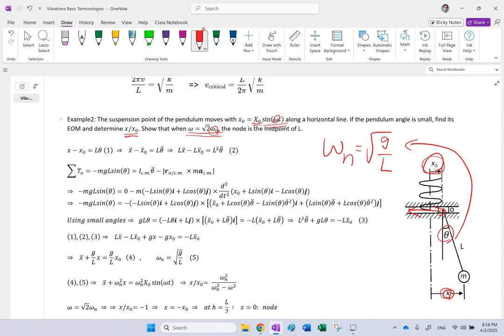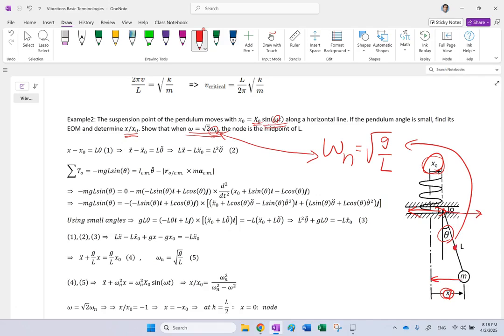So when the frequency of the excitation of the base is square root 2 times this, you can find a point midway in the pendulum that does not move, because this point moves by so much forward, this point moves by so much backward.